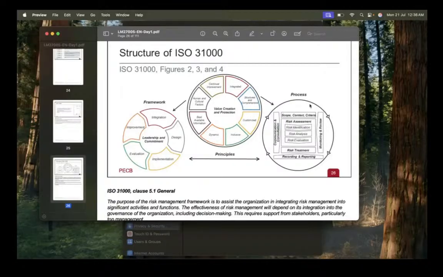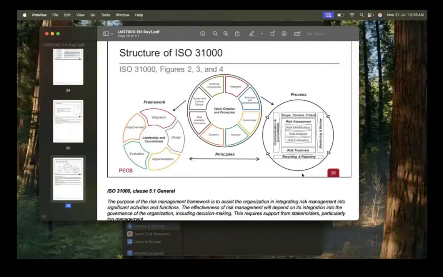So you can just take note of the steps. First, the scope, context, and criteria are decided and need to be understood. The next step is risk assessment: we assess how much risk there is and what all the risks are, then the identification happens.